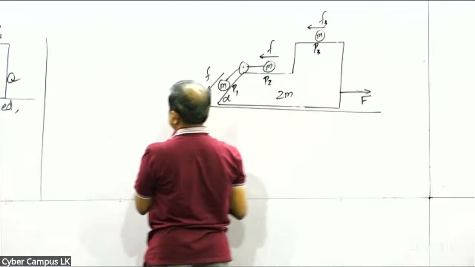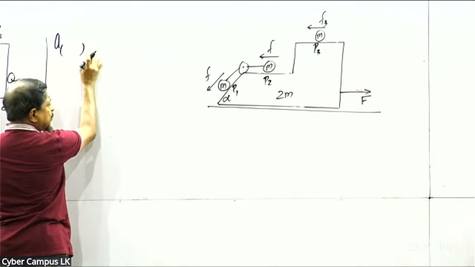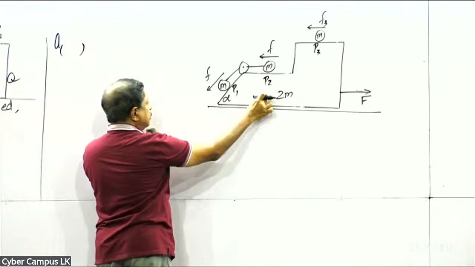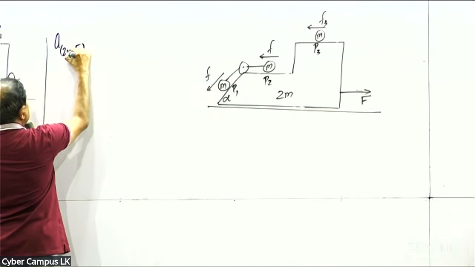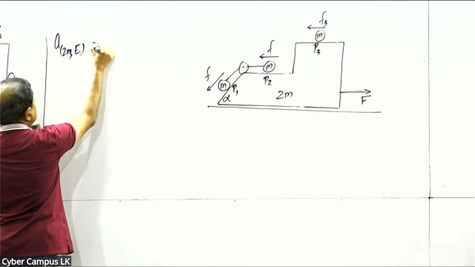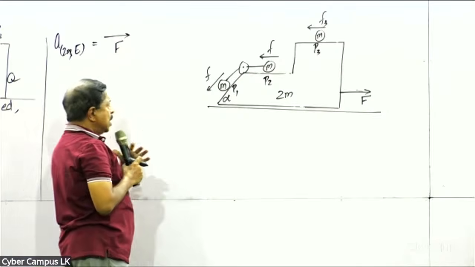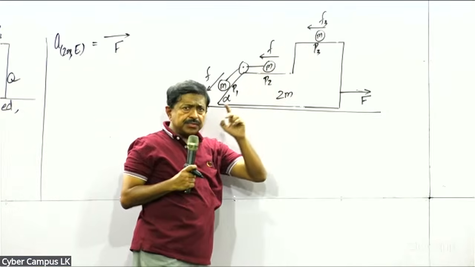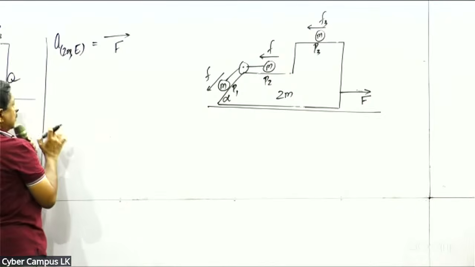This is Q. So the acceleration of 2m relative to the Earth is simple F. These are the accelerations related to Q, or the wedge.